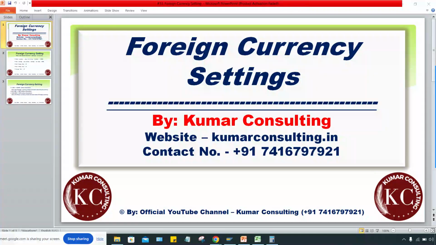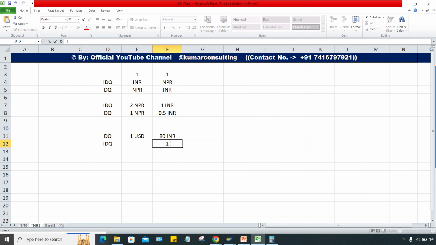Indirect quotation means when I say that 1 INR, because we have to maintain the rate, the local currency will always be on the right side only. First of all, we have to specify the foreign currency itself. So 1 INR equals to 2 NPR. Look at here, this is indirect quotations.